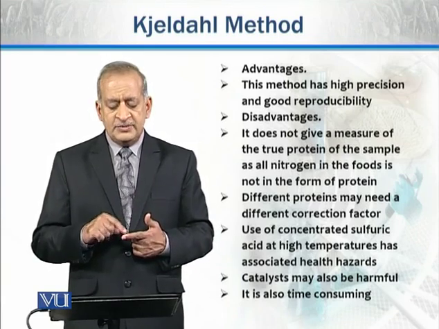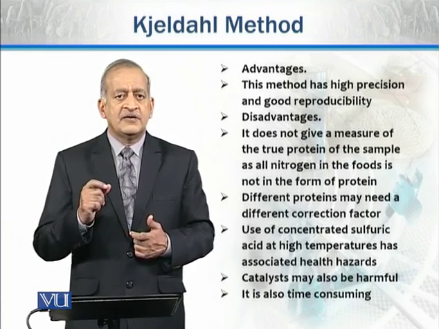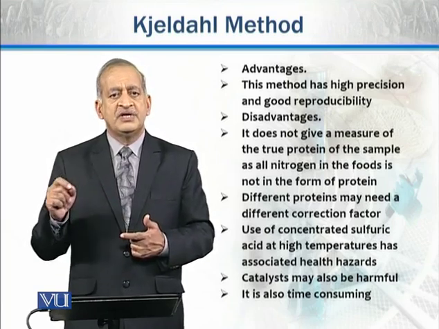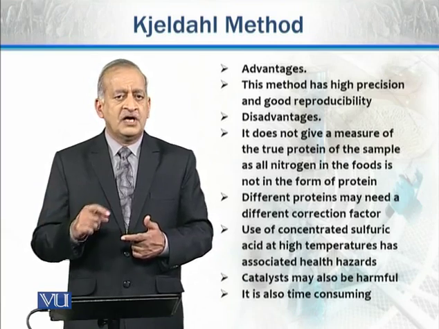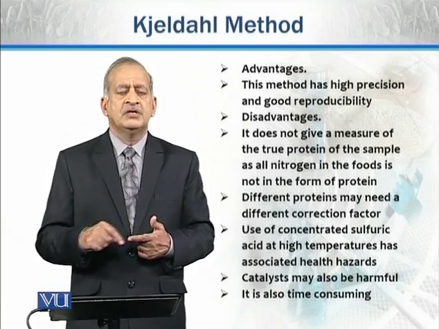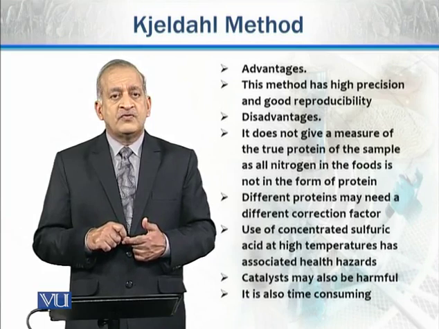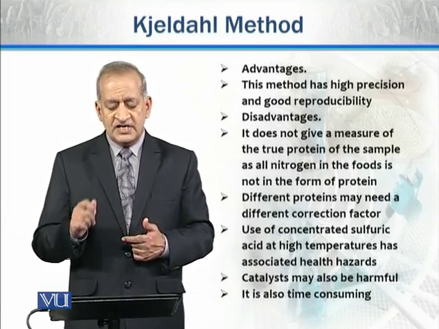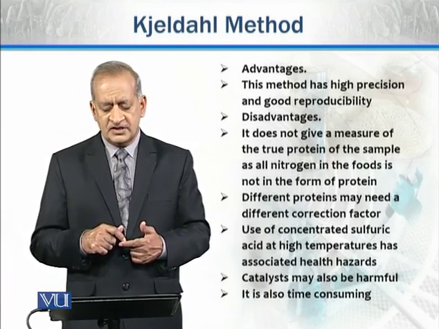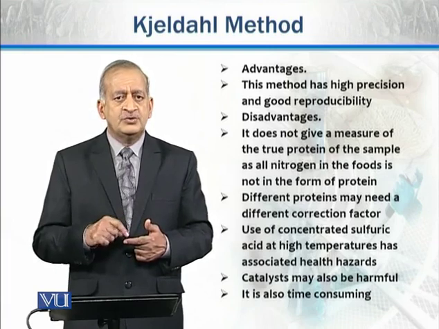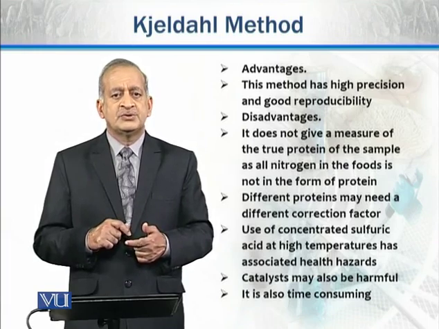And then different proteins may need different correction factors, as we have discussed earlier: if their amino acids are more, the N value will be more, and accordingly there will be a different conversion factor. If the amino acids are fewer, the N value will be less, and in this way there will be a different conversion factor. At the same time, use of concentrated sulfuric acid at high temperature has associated risks. So we have to keep this in mind as well. The different catalysts used in this reaction may also be harmful, and this process is also time consuming.